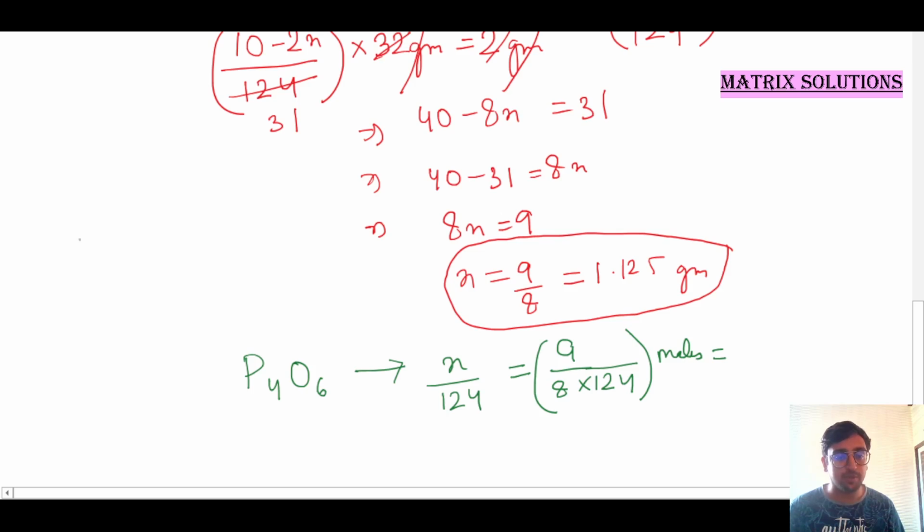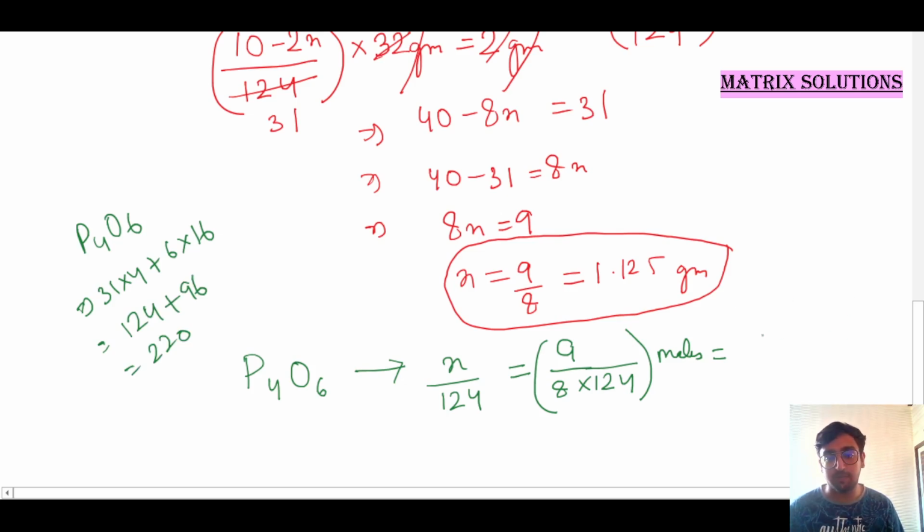P4O6: P4 corresponds to 31 into 4, that is 124. O6 corresponds to 6 into 16, that is 96. 124 plus 96 becomes 220. So multiply 9 by 8 into 124 into 220. That is in grams. This amount of grams of P4O6 is being formed.